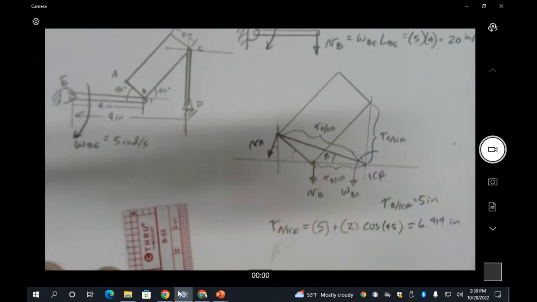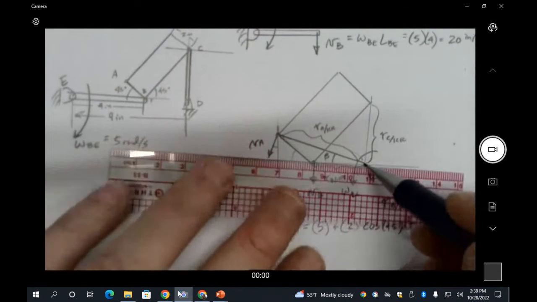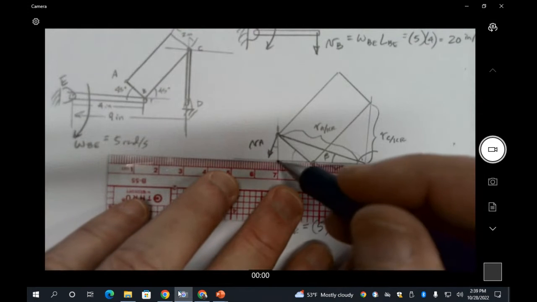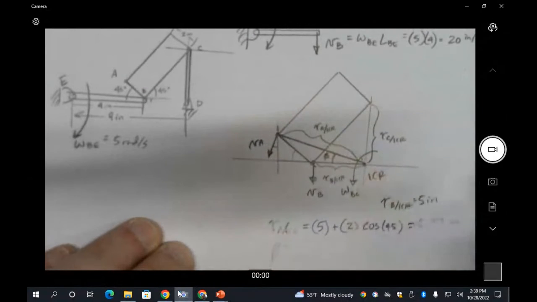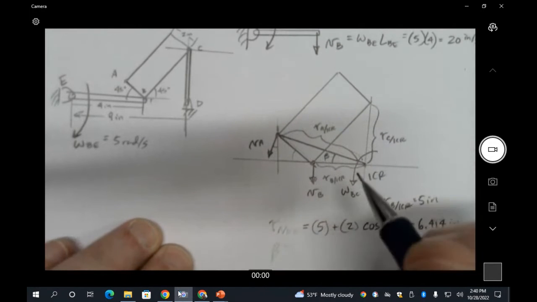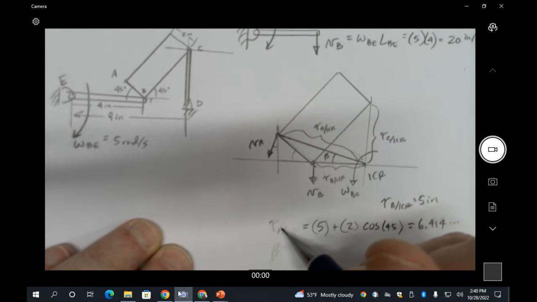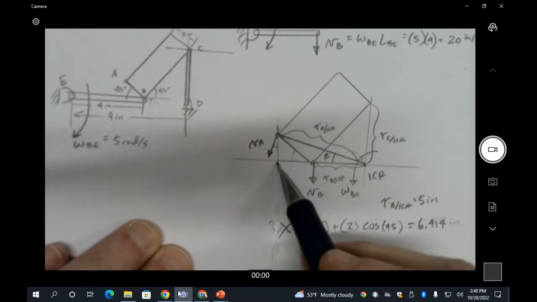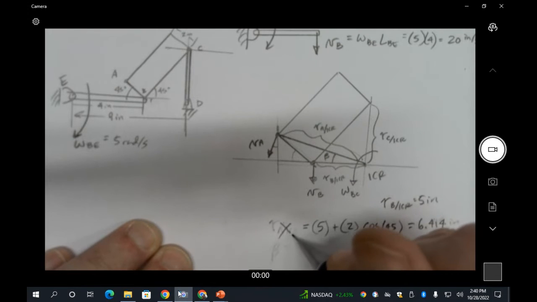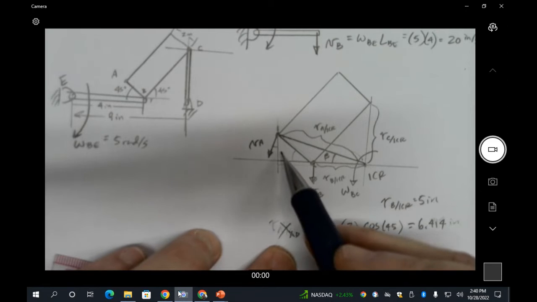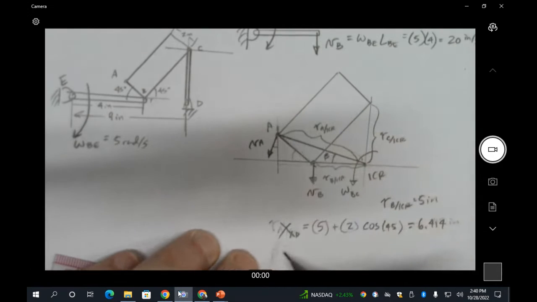I was wrong. What I just found right here was the horizontal distance. So this is not true right here. Let me erase this part. I'll keep that 6.414. And I'm just going to call it X for right now. What I mean is that's the distance X right between there. Or I might call it AD, the distance between A and D in the X direction.